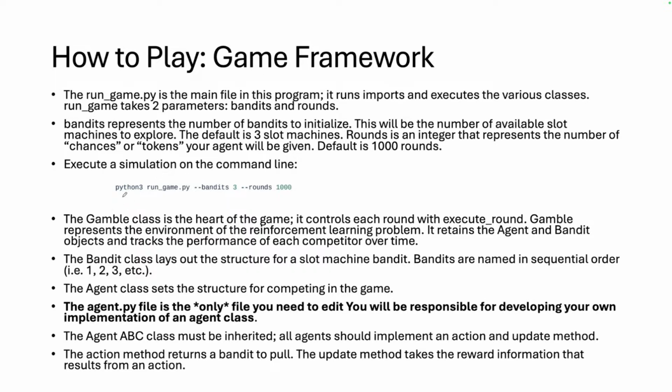All you have to do is run this one line of code. You just Python run game.py, define your number of bandits and define your rounds, and it'll play the game for you. And then you just tweak your agent. You can make your own agent, add it into the game, and just tweak it, and this game will run for you. So if you want to play around with this, I think it's a great way to step into the waters of object-oriented programming.